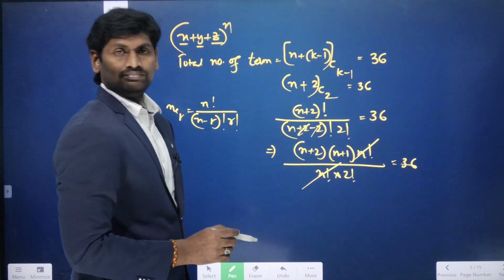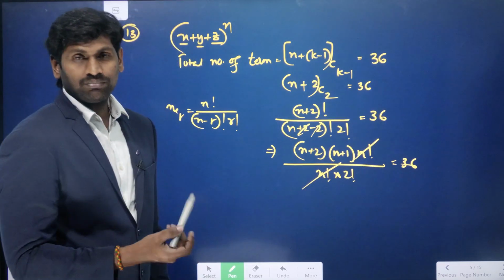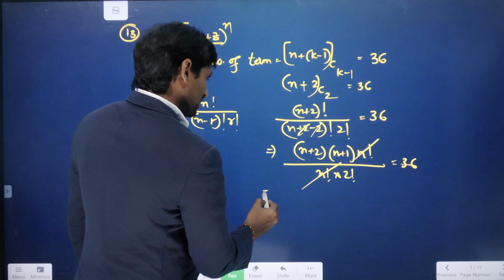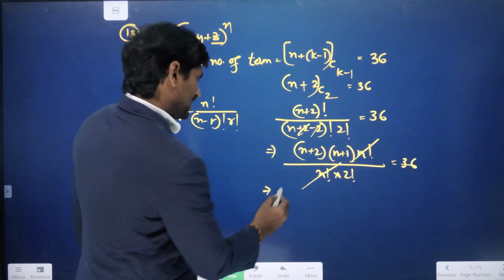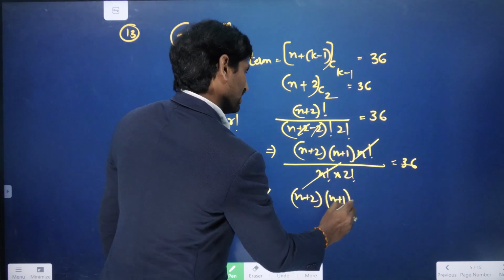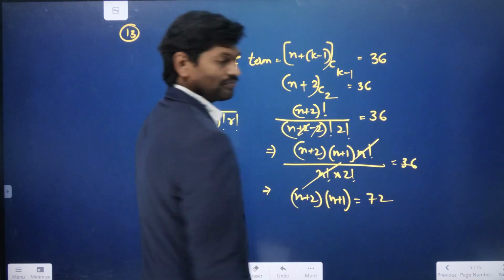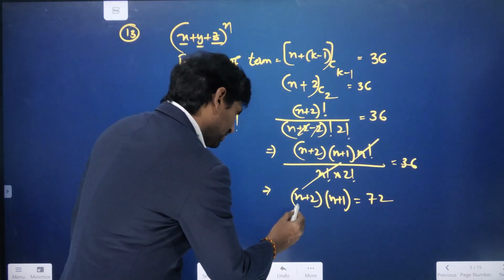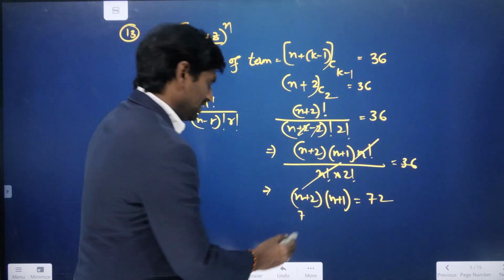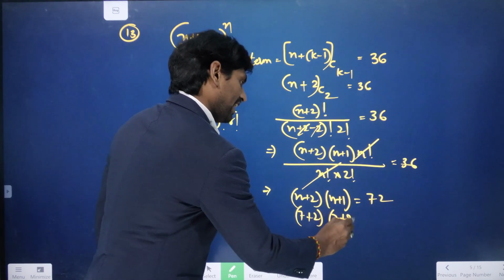These two cancel. Okay? 2 factorial is nothing but 2 itself. So (n plus 2) into (n plus 1) equals, transposing 2 to that side, 2 into 36 is 72. Now, if you take n value as 7, 7 plus 2 is 9, 7 plus 1 is 8.